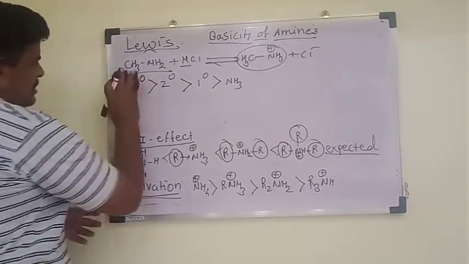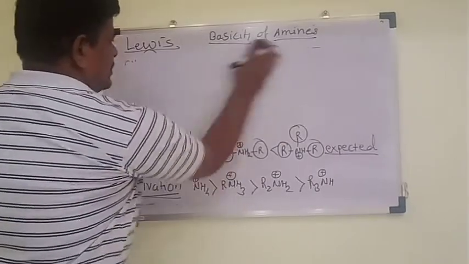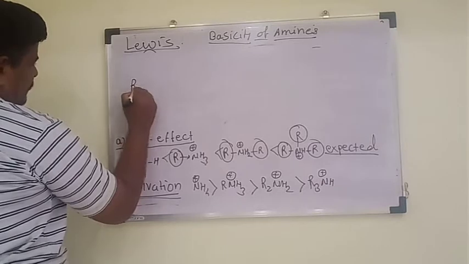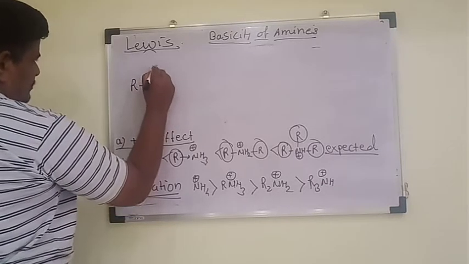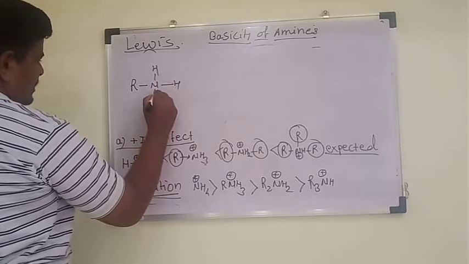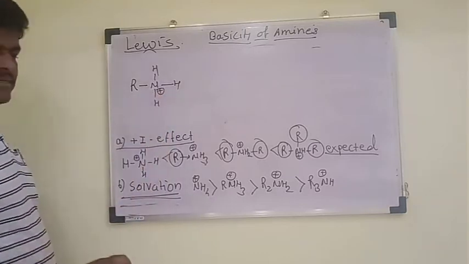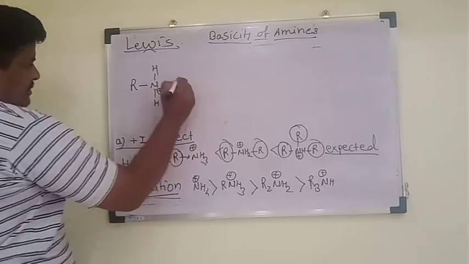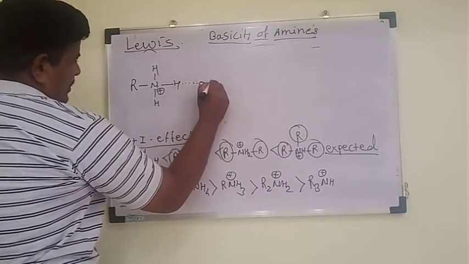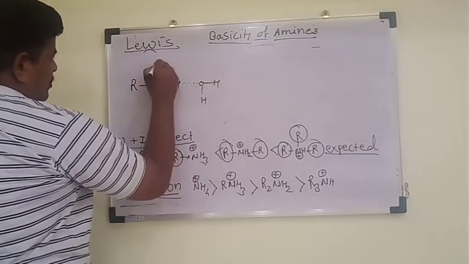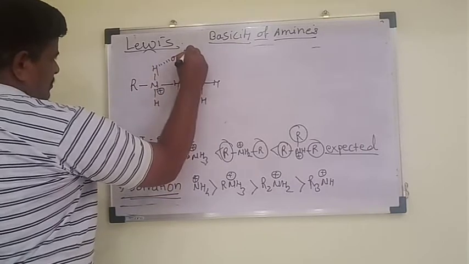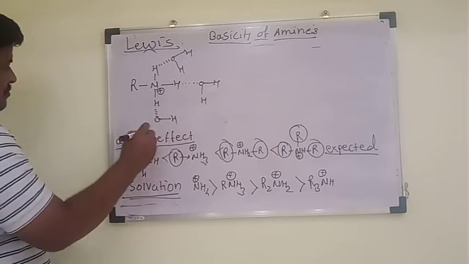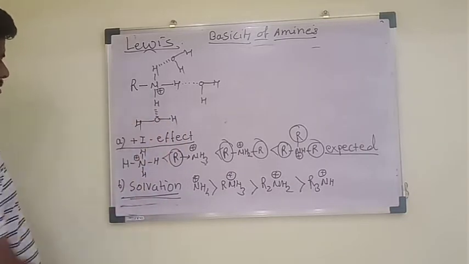So what is solvation? If we consider these conjugate acids, when these conjugate acids are dissolved in water, they are stabilized by hydrogen bonding with water.